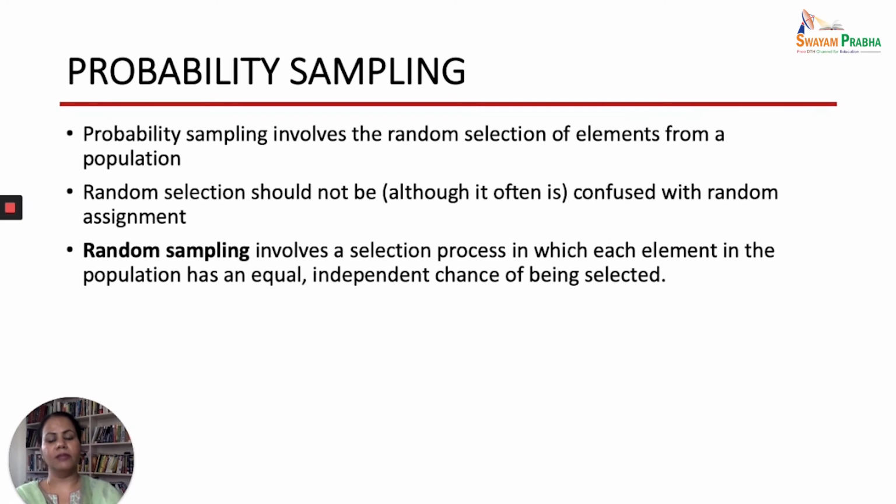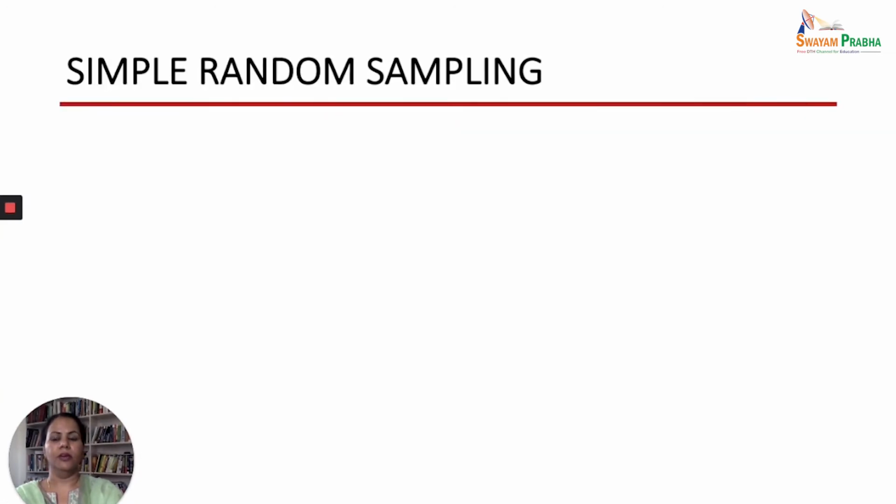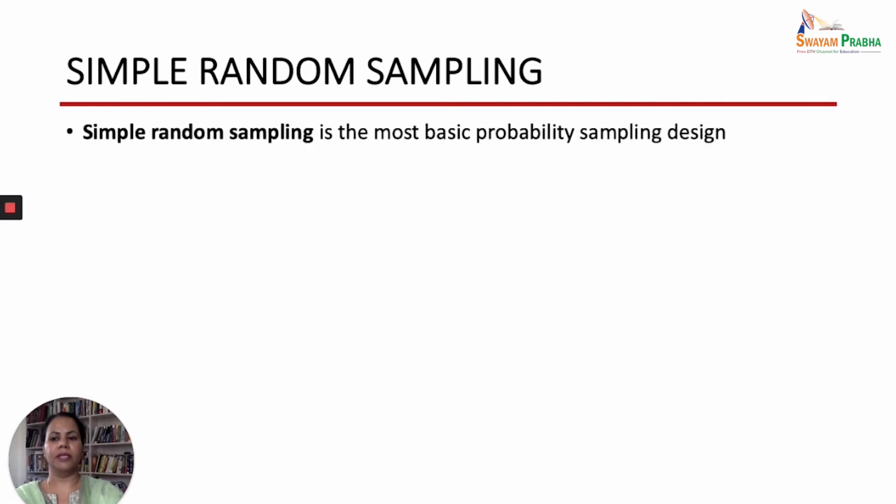Whereas random sampling involves a selection process in which each element in the population has an equal, independent chance of being selected. So in random sampling, every element has an equal chance of getting selected. Now the first sampling design is the simple random sampling design.